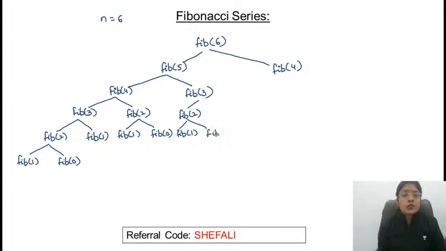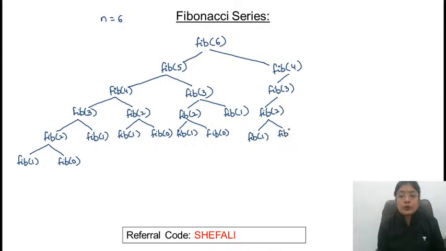So what is the function calling sequence? Can somebody tell me what is the function calling sequence? किस order में function call आ रही है? At least try to give the answer. ज़्यादा से ज़्यादा गलत होगा, कोई problem नहीं है. Fibonacci of 3 will make a call to Fibonacci of 2 and Fibonacci of 1.